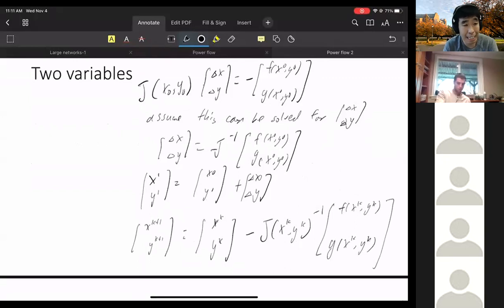So it's exactly the same as the scalar case. You do a Taylor expansion of the function, approximate using linear functions, solve the linear system of equations, do another approximation, and so on. So this has the same property as the scalar one.